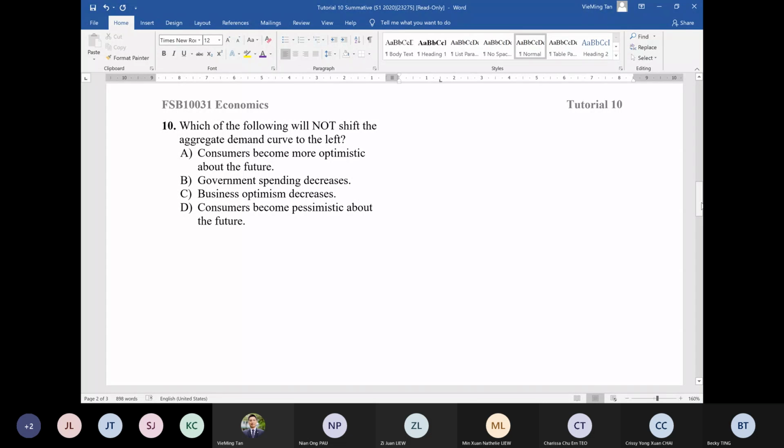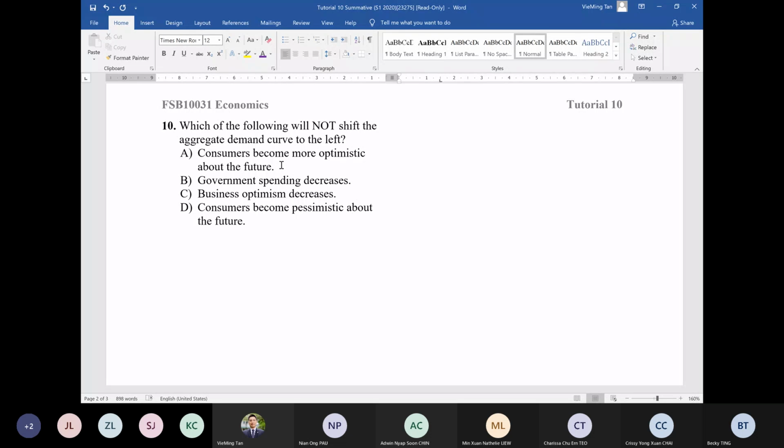Number 10. Which of the following will not shift the aggregate demand curve to the left? A. Consumers become more optimistic about the future. Correct, yeah. Because when consumers are more optimistic, that means they have positive thinking about the future, usually they'll spend more.